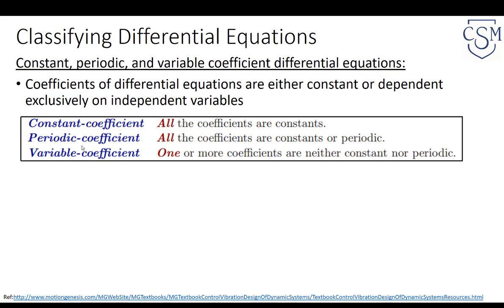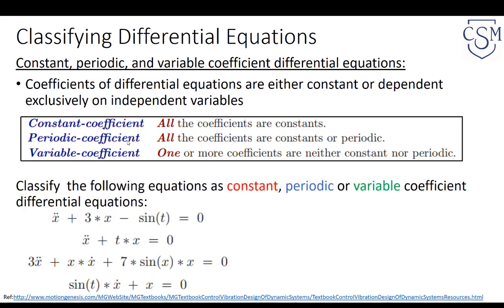For periodic coefficient differential equations, one or more may be periodic with respect to the independent variable, and for variable coefficient equations, one or more coefficients is neither constant nor periodic and is variable with respect to an independent variable. So go ahead and classify the following set of equations as constant, periodic, or variable coefficient differential equations.